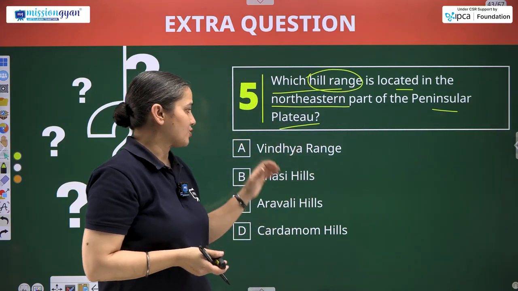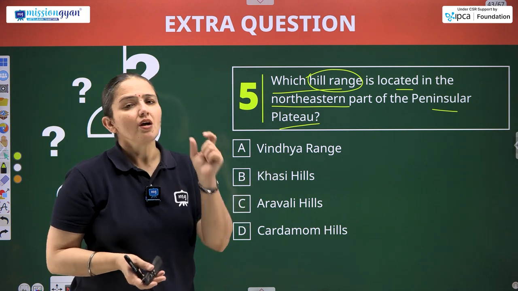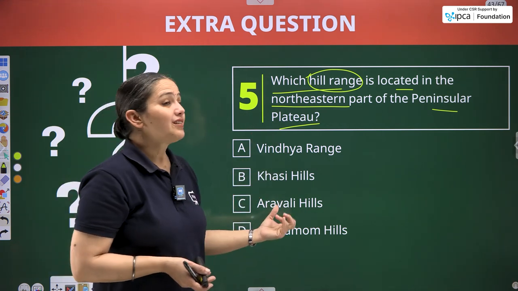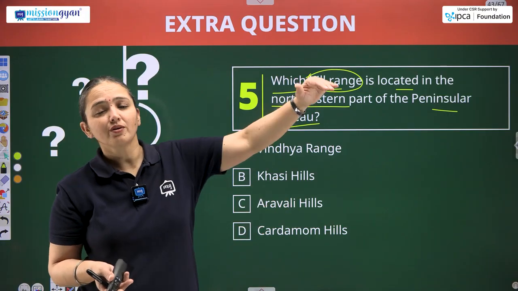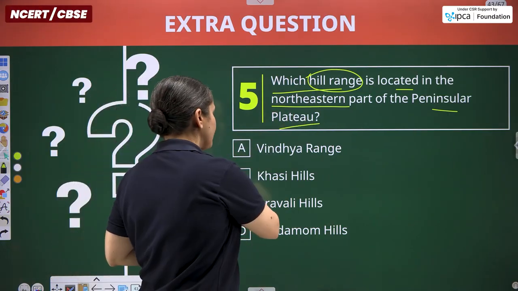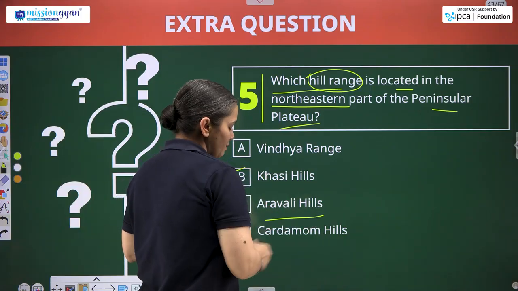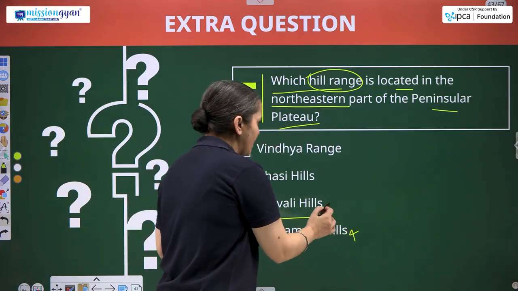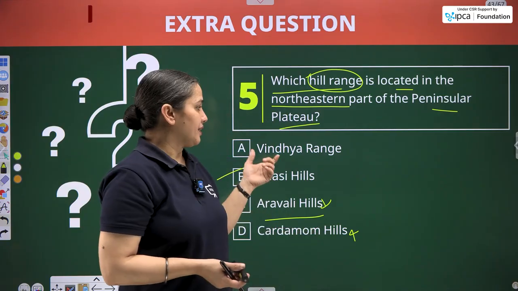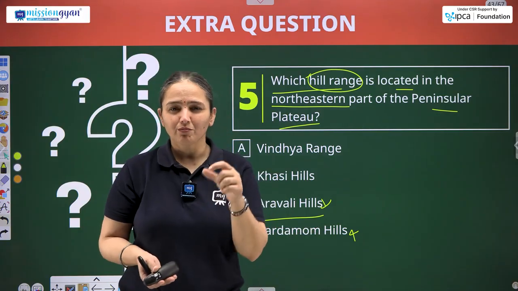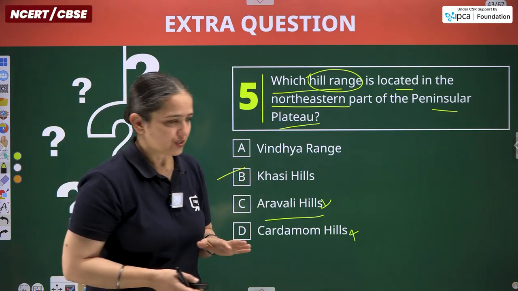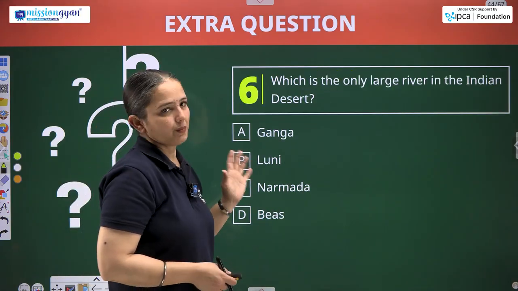Vindhyas are mountain ranges, but small ones, and here we are talking about hill ranges, as Aravallis are hills. They do not extend over a larger or longer stretch. So our answer is Khasi, because Aravali lies in the western part, Cardamom lies in the southern part, and Vindhya, if considered for the range itself, lies almost in between, by the territory of the Gujarat, Maharashtra and Madhya Pradesh border itself. So that was all about this.